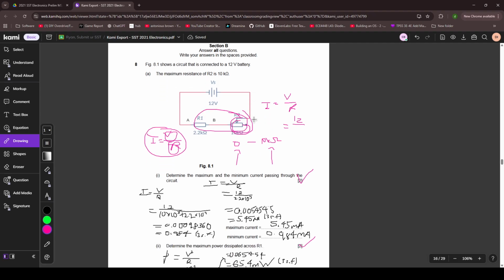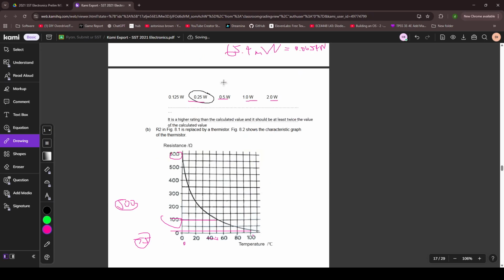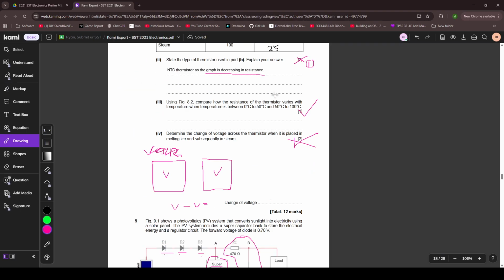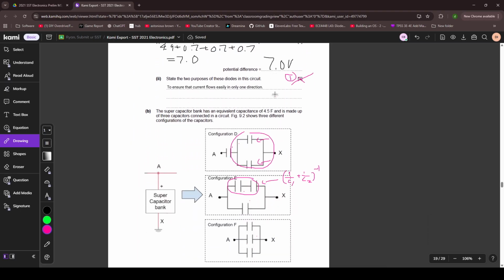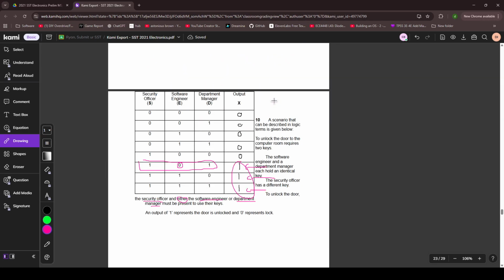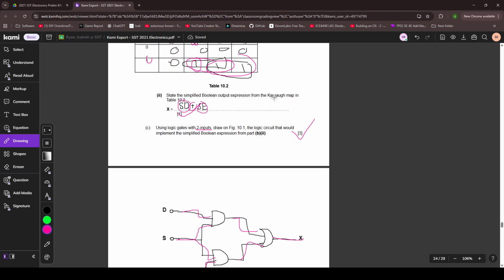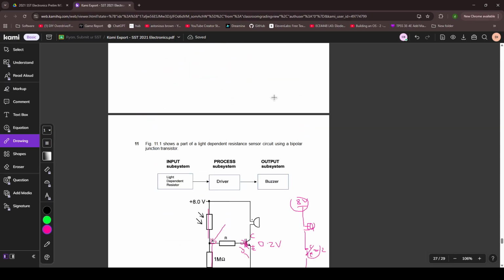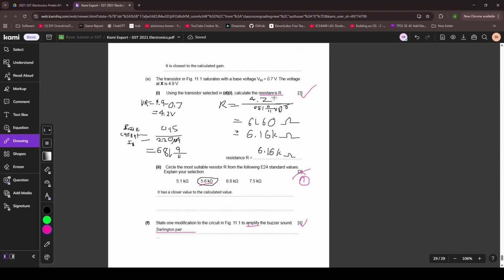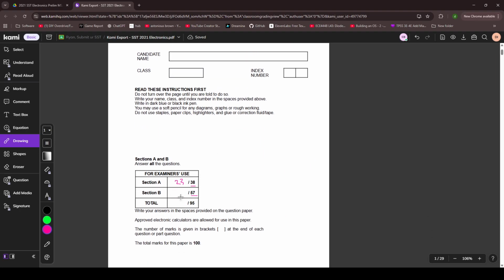Okay, so 2 plus 2 plus 2, plus 1 plus 1 plus 1 plus 1 plus 1, whole 9, plus 3 plus 2 plus 2 plus 3 plus 1 plus 1 plus 1 plus 2 plus 1 plus 1 plus 1 plus 1 plus 3 plus 1 plus 1. 35 out of 60, or out of 57.